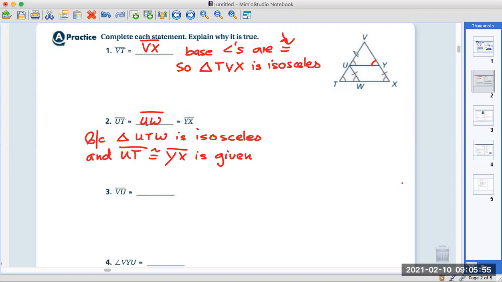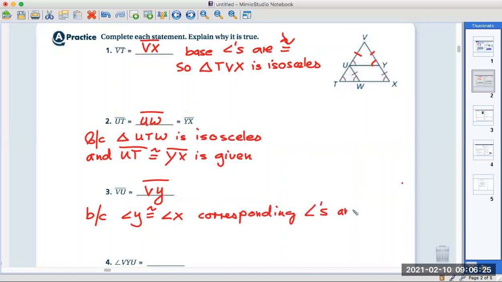So VU is congruent to VY. The reason is angle Y congruent to angle X, corresponding angles are congruent, and triangle VUY is isosceles.